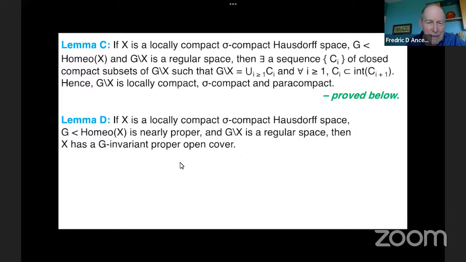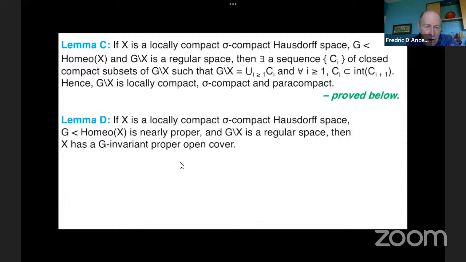There's a second lemma that says that if you add that the group is acting nearly properly on the space and G mod X is regular, then you have a G invariant proper open cover.